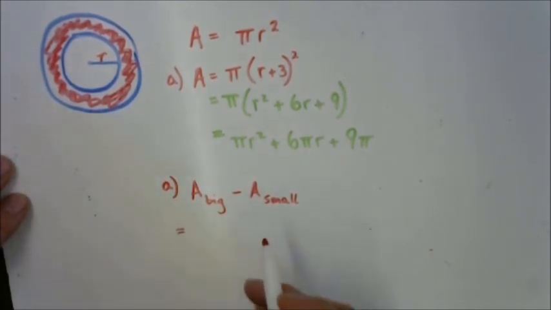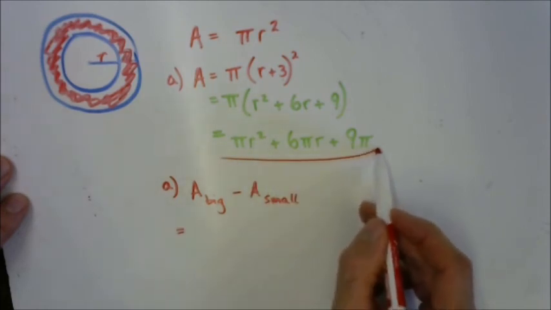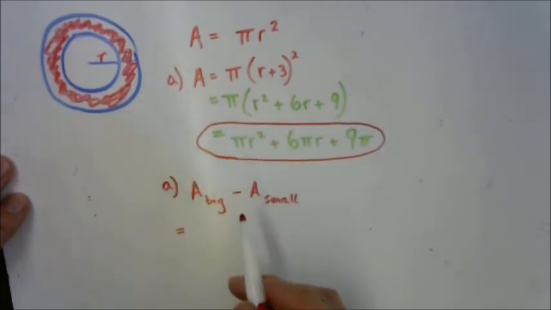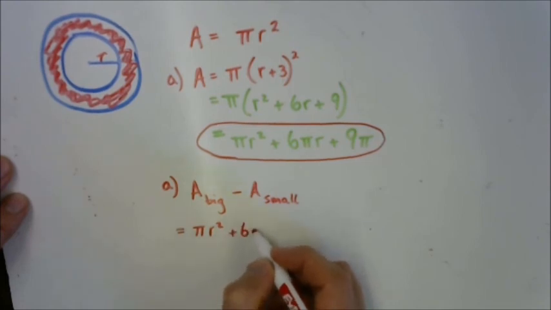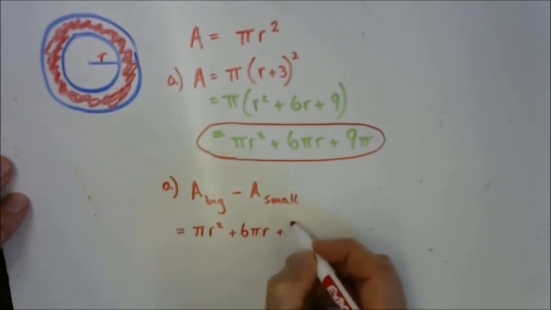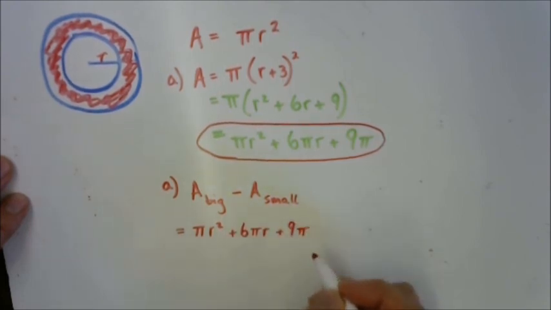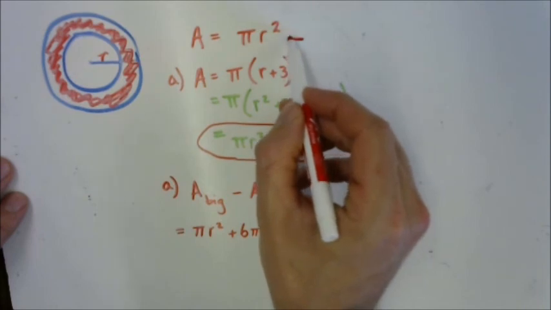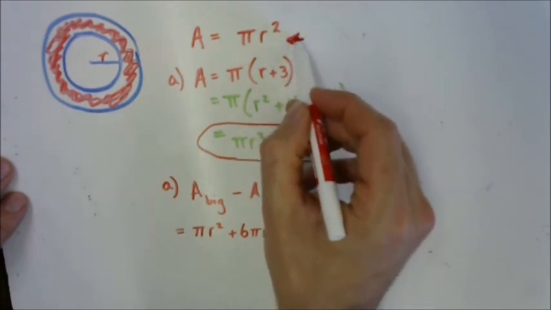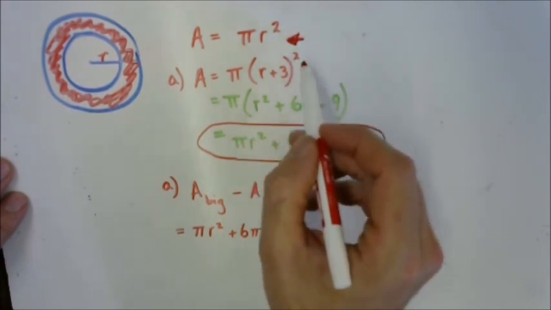The area of the big circle is what? It's right here, right? Area of our big circle. So pi r squared plus 6 pi r plus 9 pi. And what was the area of the smaller circle? Pi r squared, right?